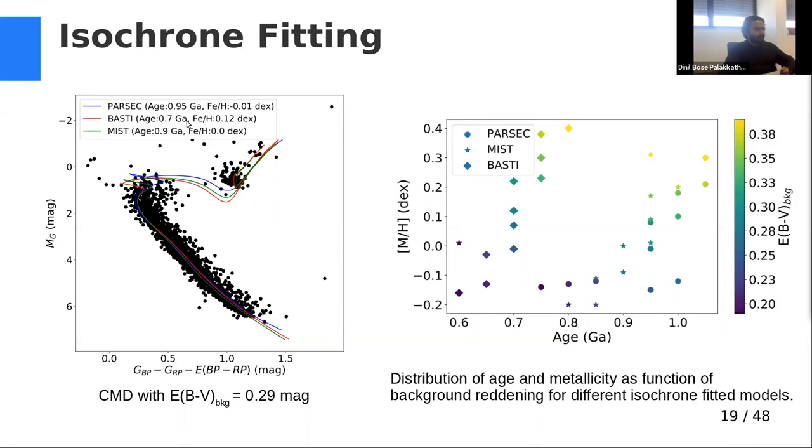Here I have used age and metallicity as free parameters. On the right, I am showing the distribution of age and metallicity as a function of background reddening. You can see that when I change the background reddening, I am getting different age and metallicity. From this analysis, we found that the age of the cluster is varying between 0.6 to 1.1 gigayear.